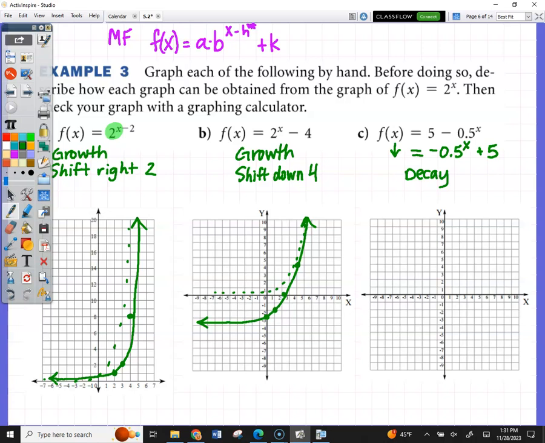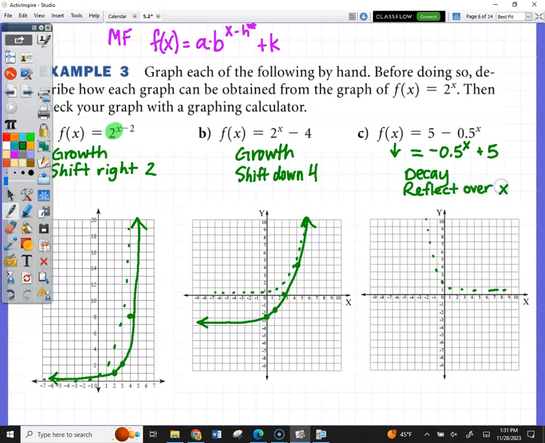So you've got the x squared. If it was negative, it would be reflected over the x-axis, and it would be opening down. Well, this is a decay, which means it's normally dropping like this, right? But it's going to reflect over the x.